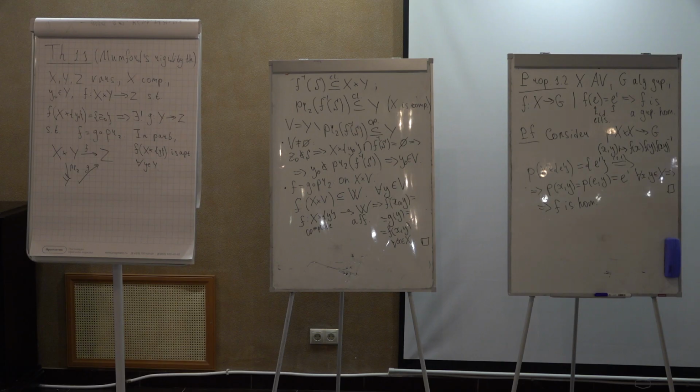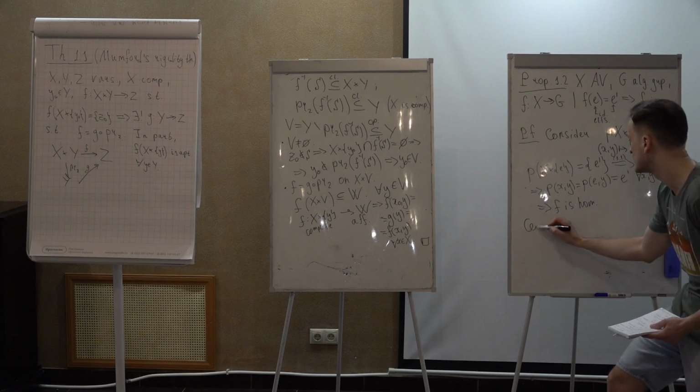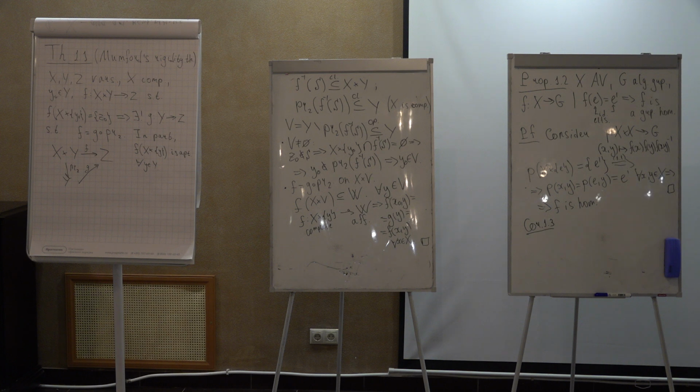Okay. And well, a couple of corollaries. So the maps like this are homomorphisms, and if I have an arbitrary morphism, I can turn it into a homomorphism by composing with a translation, right?